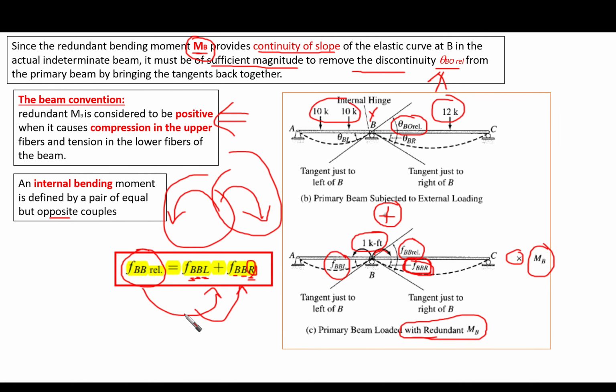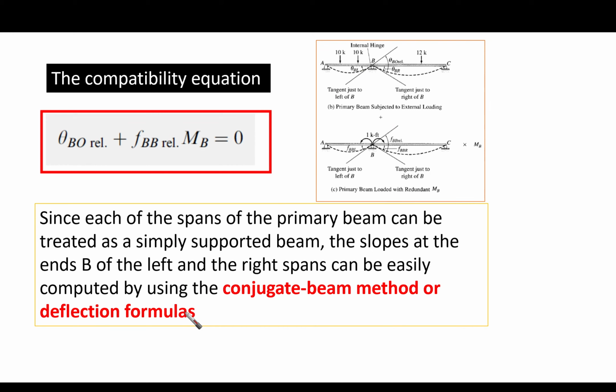Okay, now let's go to the next step. Where is the compatibility equation that we need to start applying? Remember that we said our structure is statically indeterminate to the first degree, so we need only one additional equation to make our structure determinate. We bring the compatibility equation to the equilibrium equations to make our system determinate.